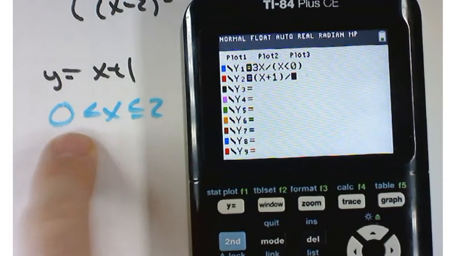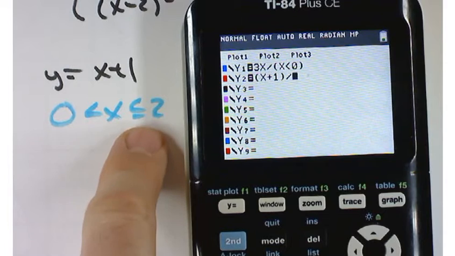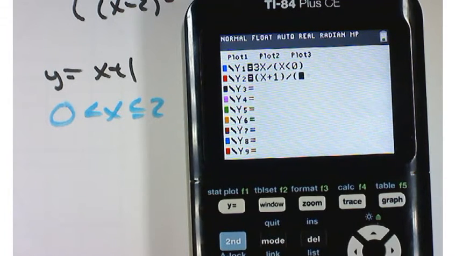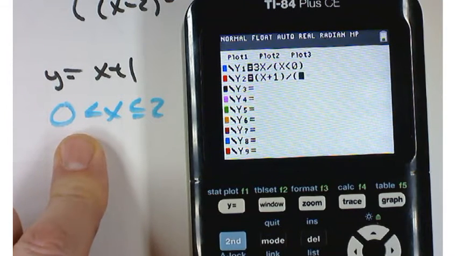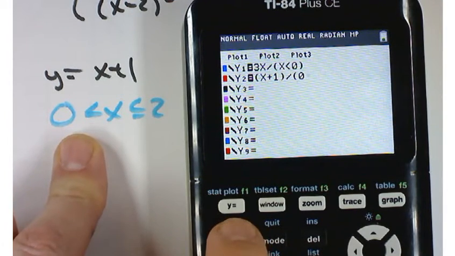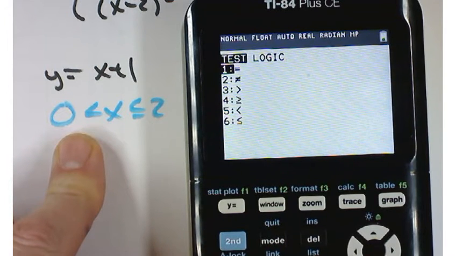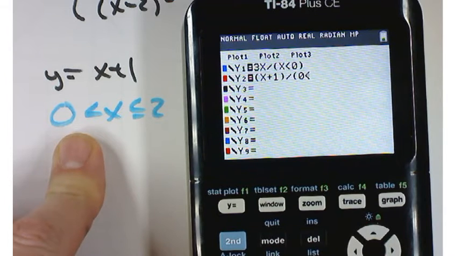Unfortunately, you can't type it in just like it is. It'd be nice, but that's not the way your calculators work. Put a left parenthesis, and first 0 is less than x. So second, and then my test, 0 is less than x. And then a right parenthesis.